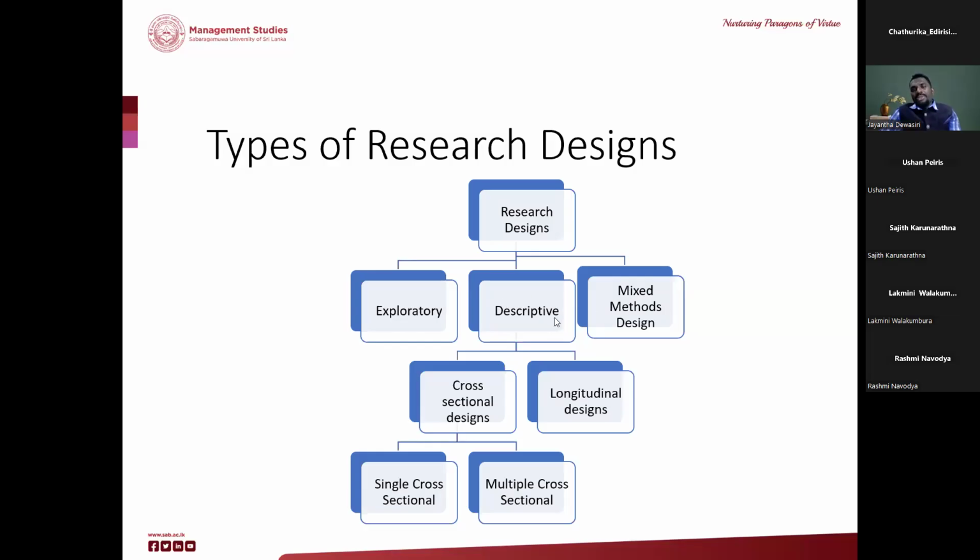When it comes to the descriptive nature of research design, the quantitative research design, it is again twofold. We can see cross-sectional designs and longitudinal designs. In cross-sectional designs, we collect data at a single point in time, whereas in longitudinal studies, we collect data more than once in its time horizon, with a purpose of seeing the behavior or the changes after an incident.